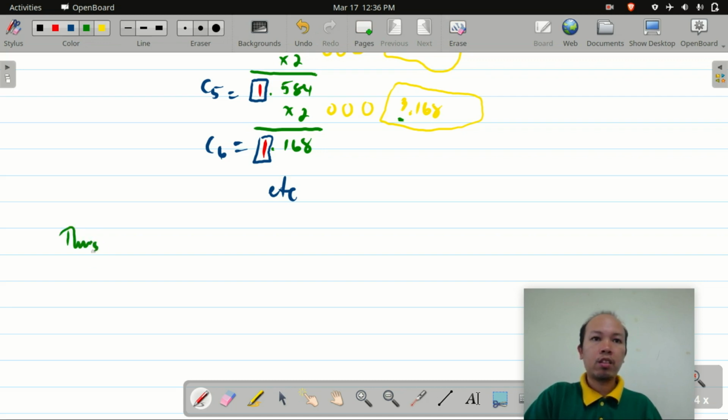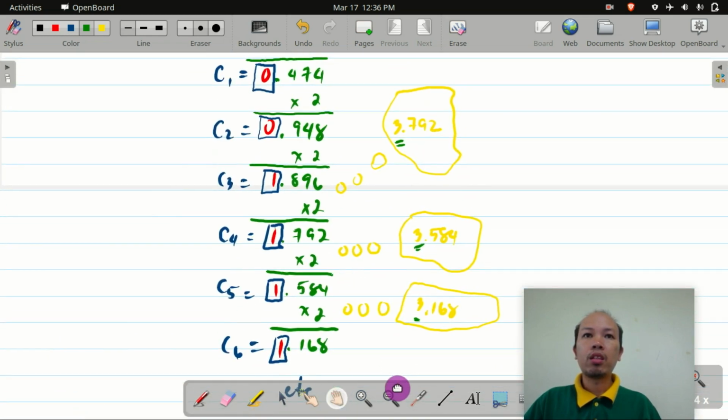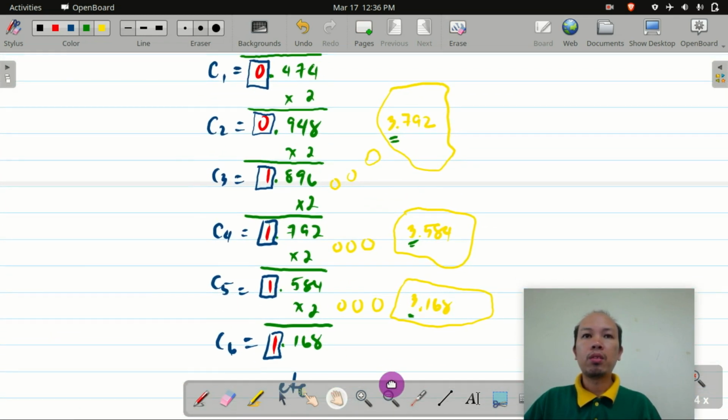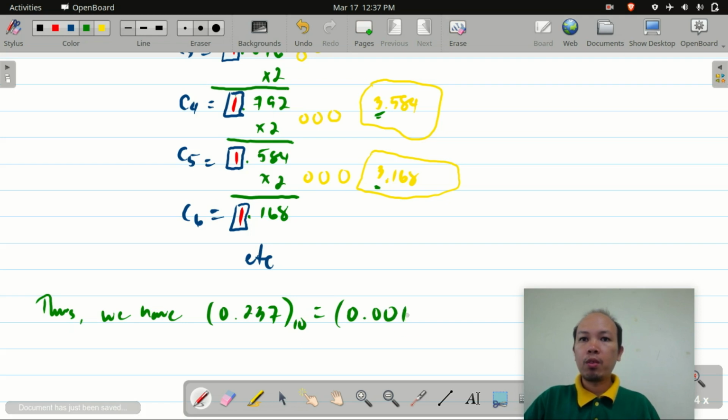Thus we have 0.237 in base 10 is equal to, let's say, 0.001110 0011.